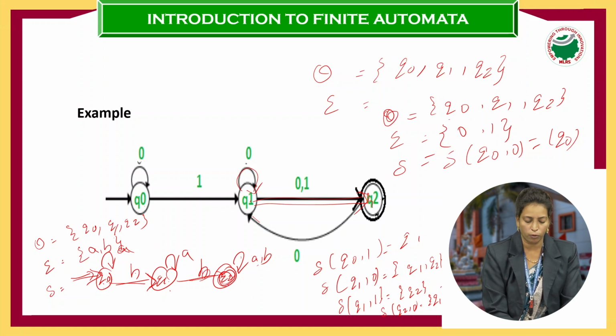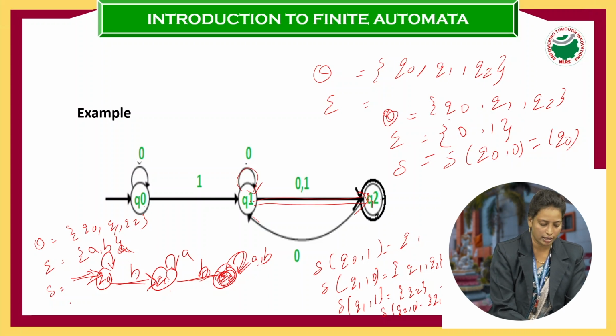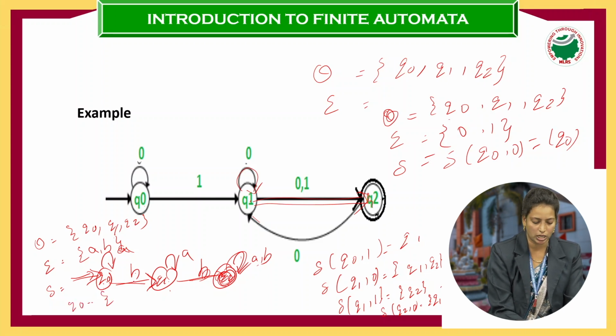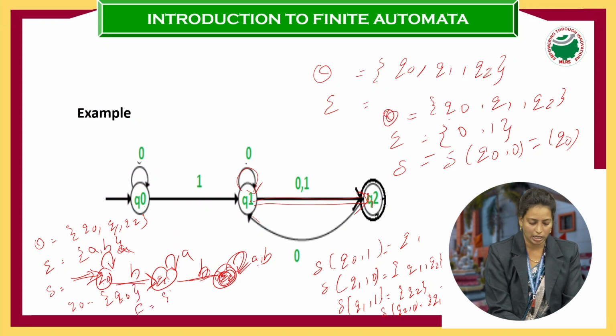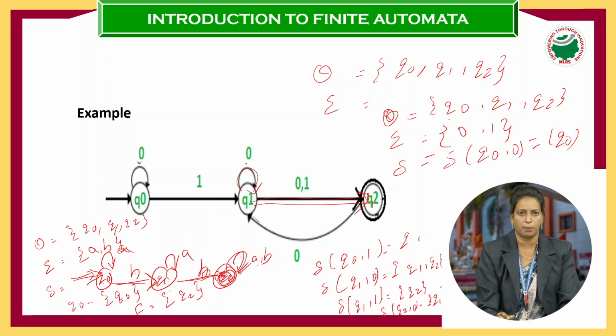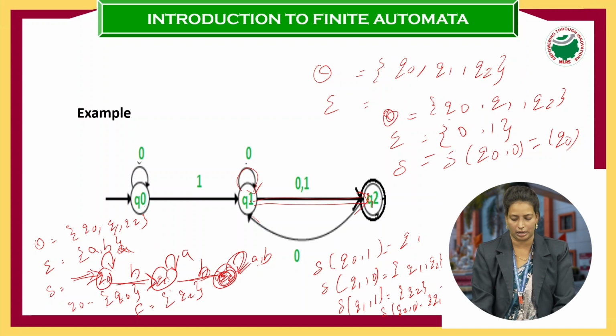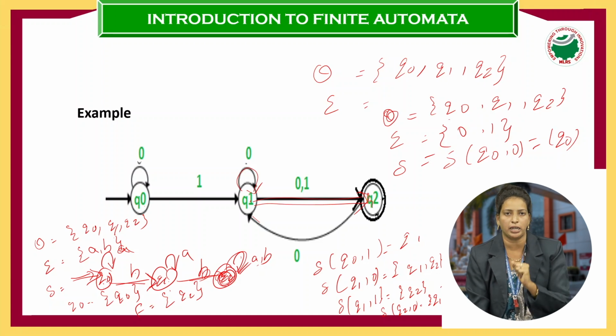Q2 of A moves to Q2. Q2 of B moves to Q2. Okay. Next, Q0 indicates the initial state. Here the initial state is Q0. The final state is Q2, represented as a double circle. So, simply, finite automata can be represented as 5 tuples: Q, sigma, delta, Q0 and F.